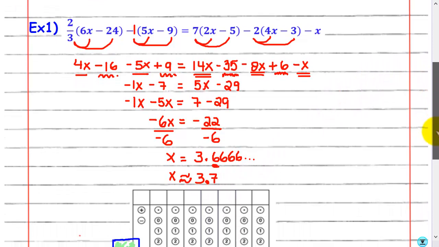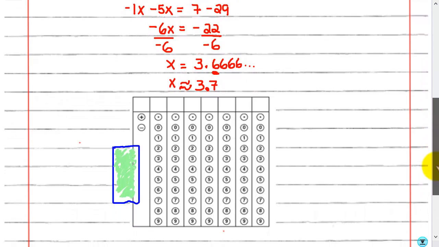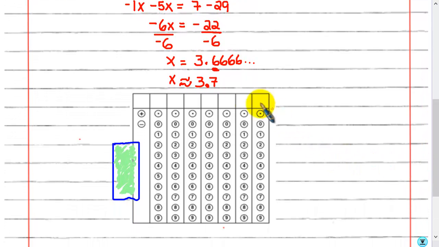Also, because we're trying to prepare for the state testing, we want to practice how to write these answers in the grid. The answer we got here is a positive number. So on the test, you want to circle the positive sign. Also, you can use these boxes here to help you fill the grid correctly.